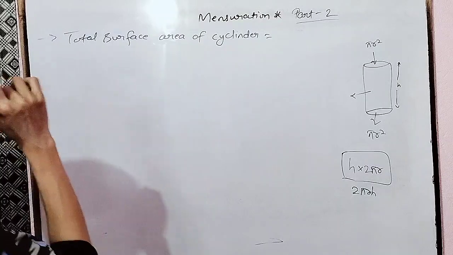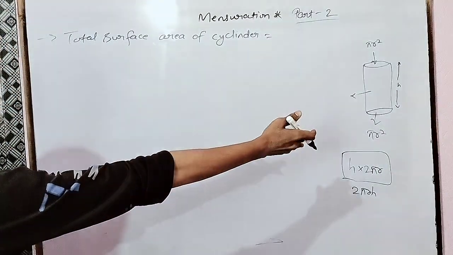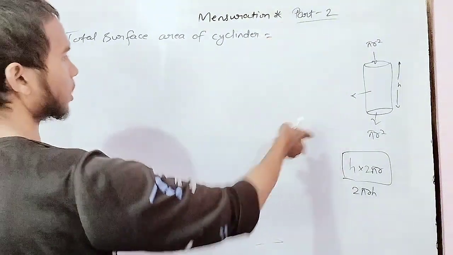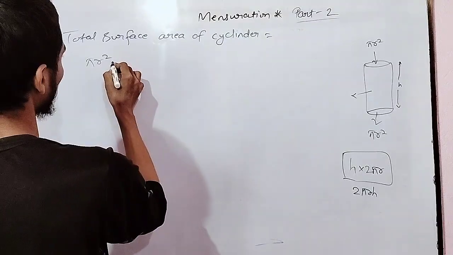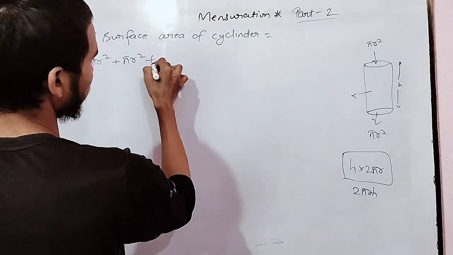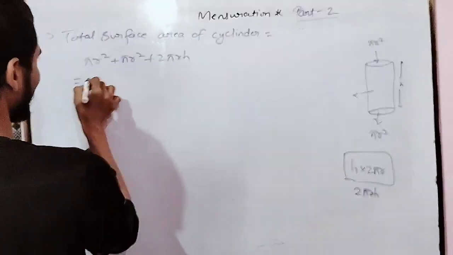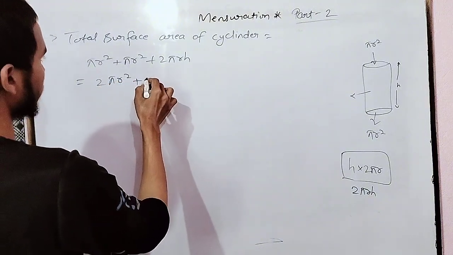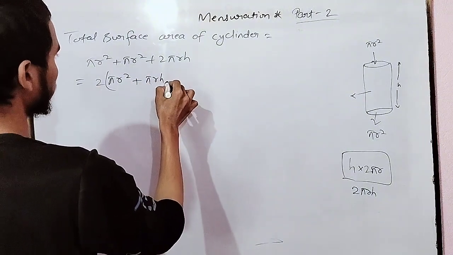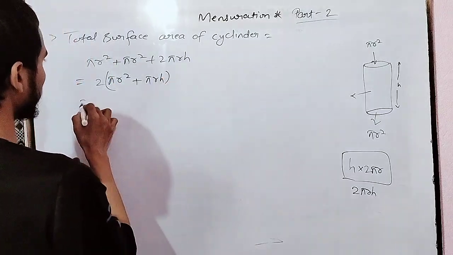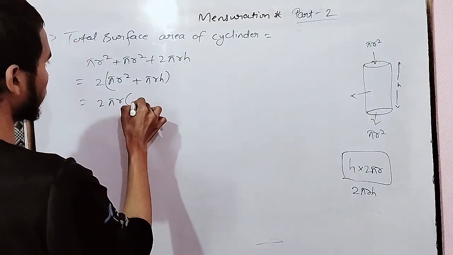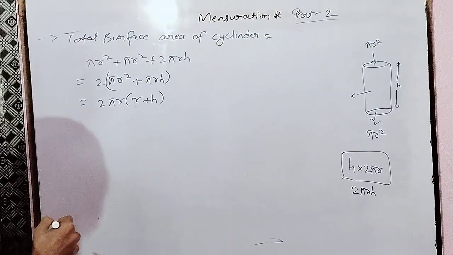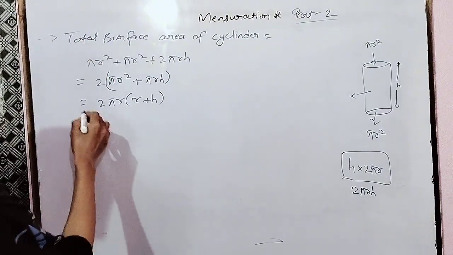Okay, now let's write it together. First of all, we have two circles: 2 pi r square. Then 2 pi r h. Let's simplify. We have 2 pi r square, then 2 pi r h, so taking common, 2 pi r times r plus h.